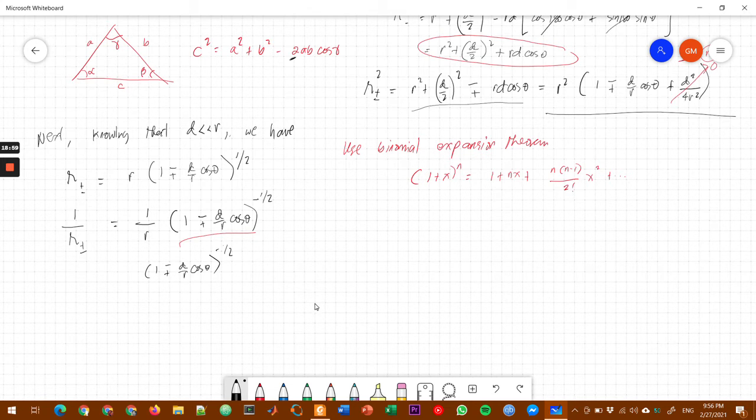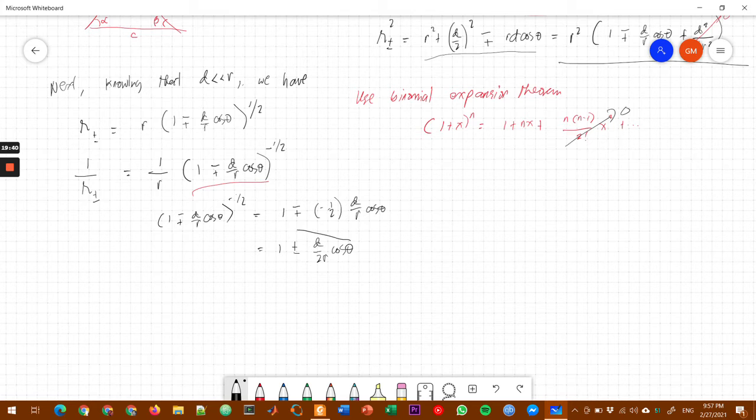So we have this formula and we can use it. Keeping up to 2 terms only, since d is much less than R, we have 1 plus/minus d over 2R cosine theta.